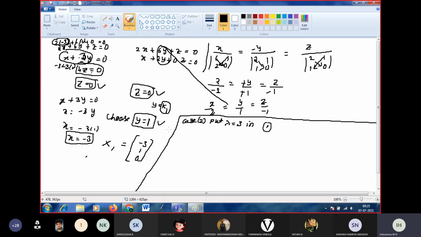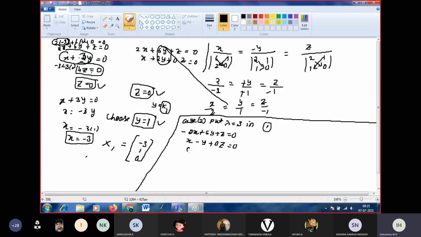Minus 2x plus 6y plus z equal to 0. Next, second equation is x minus y plus 0z is equal to 0.